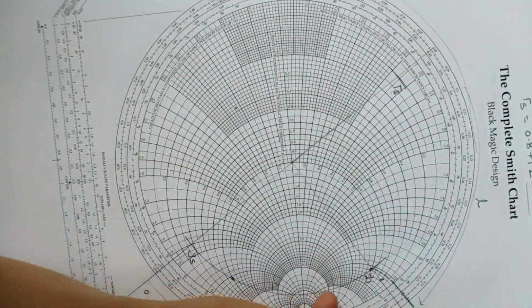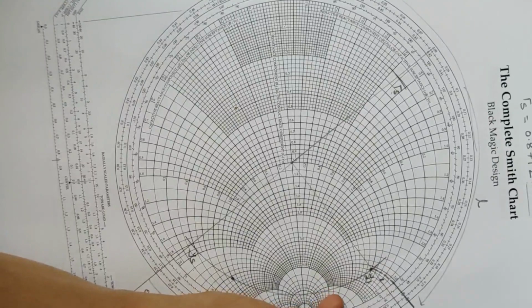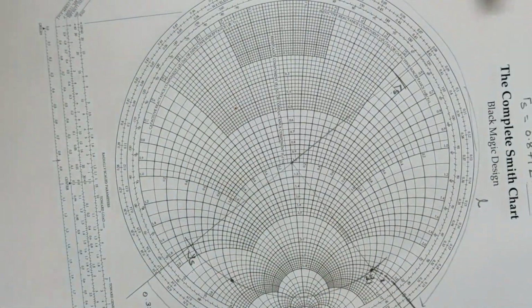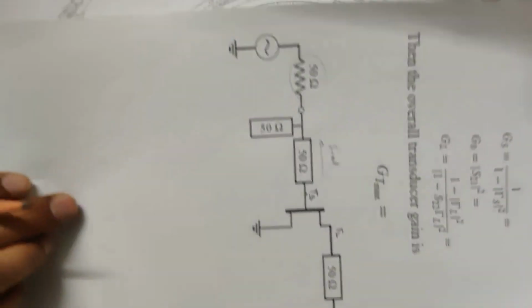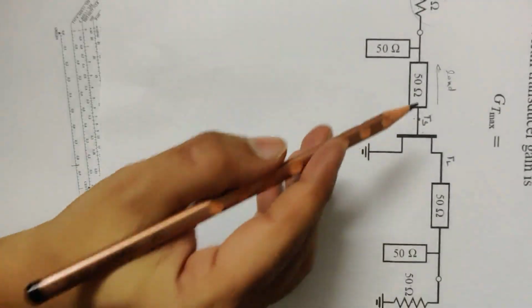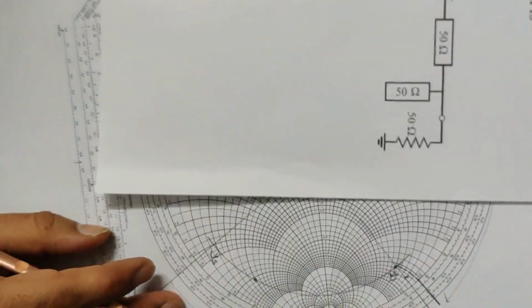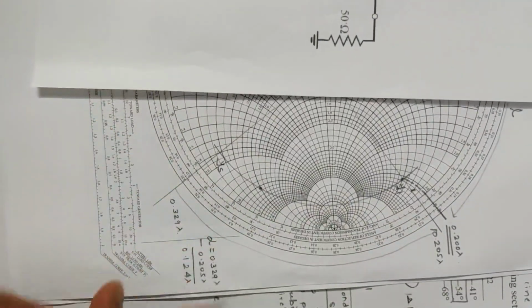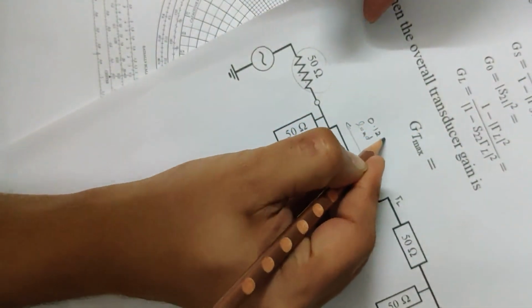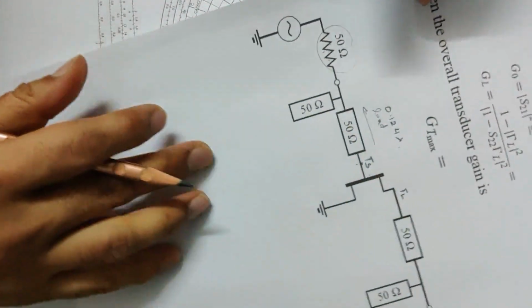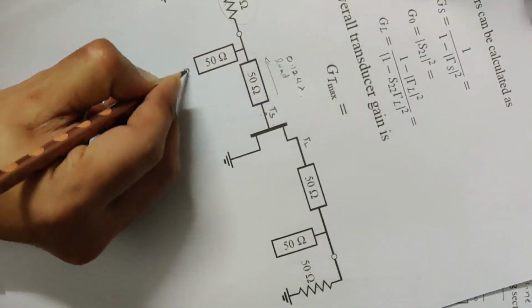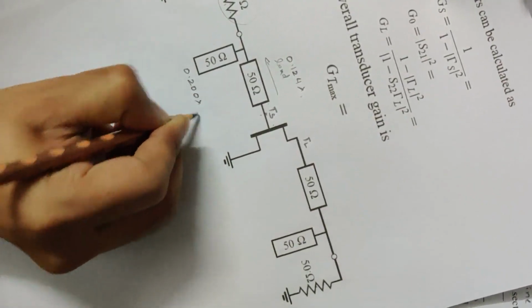And the length of this stub turns out to be 0.200 lambda. So if you consider this design, we have calculated the distance of the stub as 0.124 lambda and the length of the stub as 0.200 lambda.